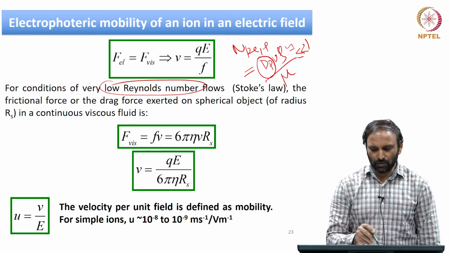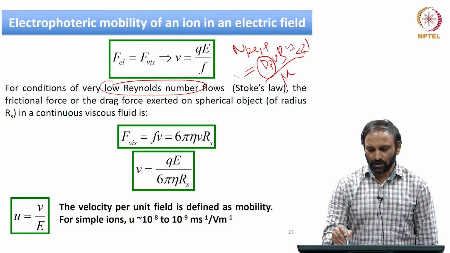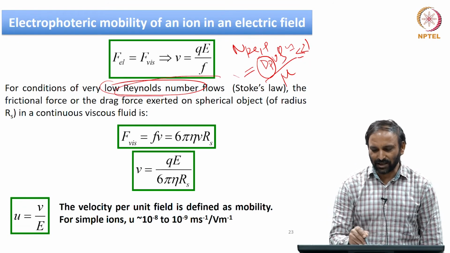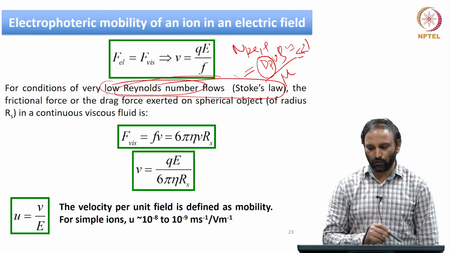Therefore, we can assume that the flow is essentially a low Reynolds number flow.